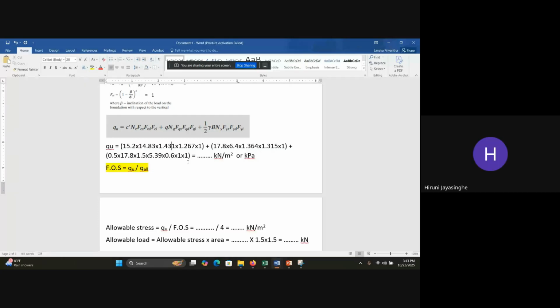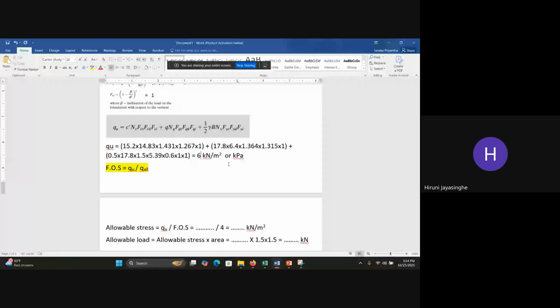The QU equals 653.948. Yes. QU equals 653.948.